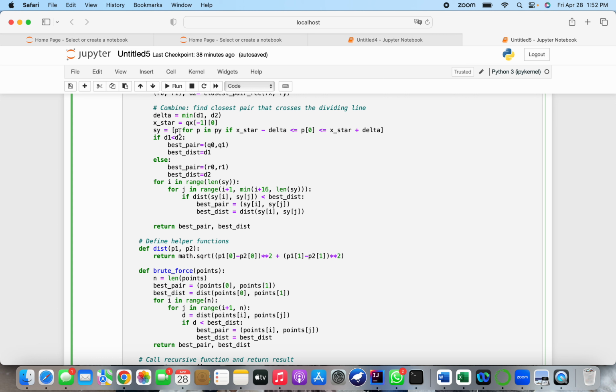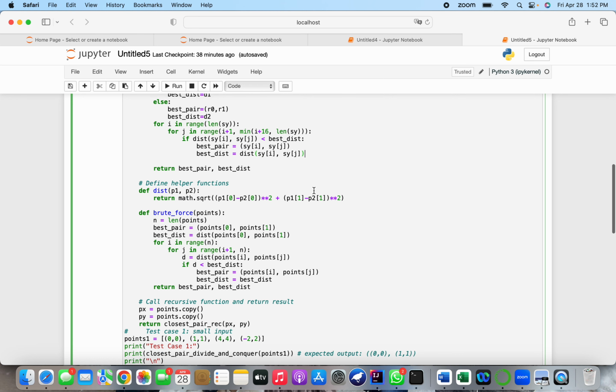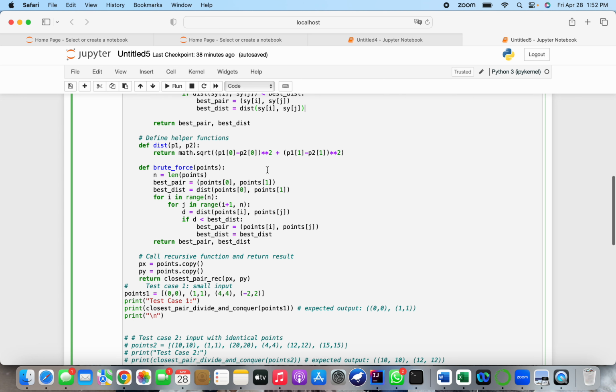So we make sure the best pair is those two points and the best distance is the distance between them, and we return the best pair and best distance.